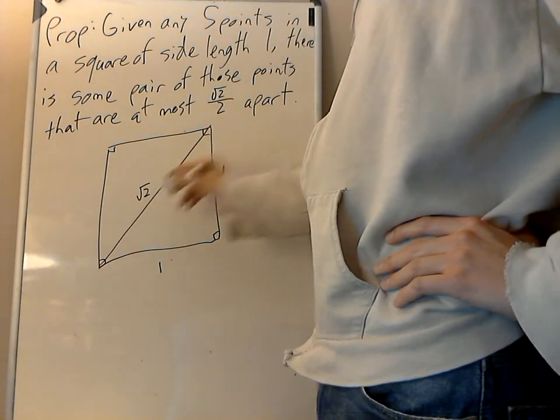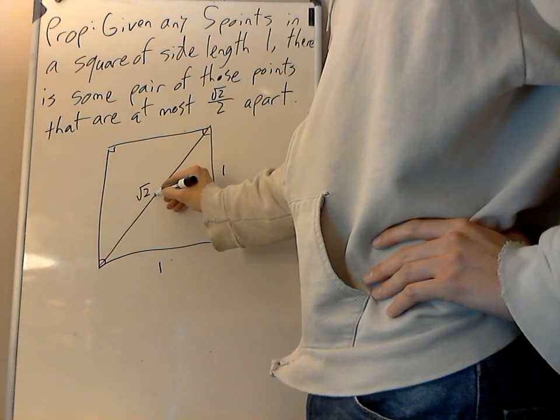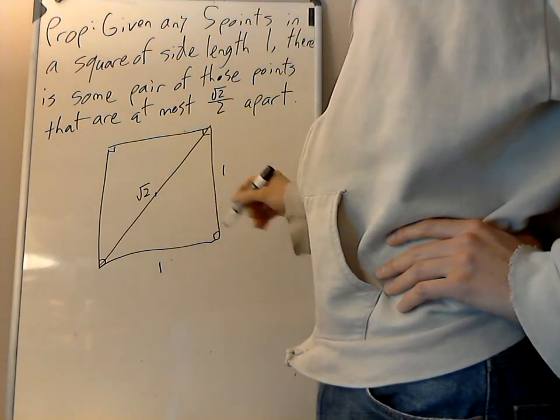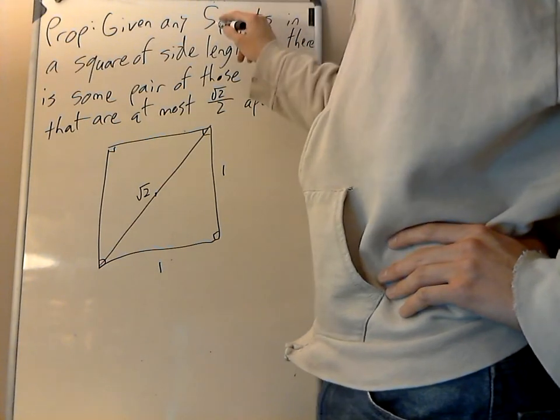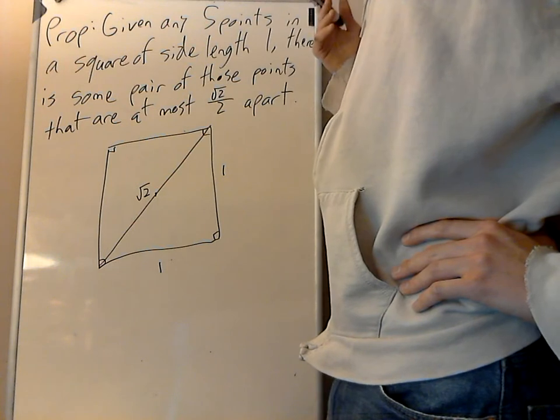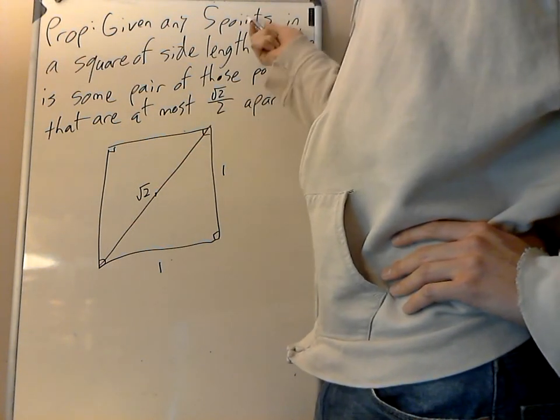Therefore, we need only divide this length in half in order to get our desired square root of 2 over 2. Now, in addition, note that we have 5 points, and we need our pigeonholes to be fewer than the number of pigeons.